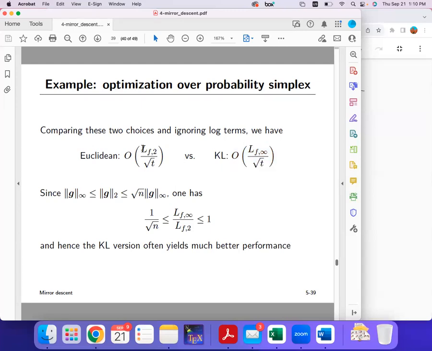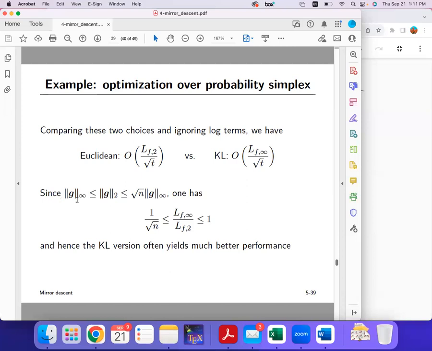So we just need to compare these two constant terms and see if there is a significant difference. And in fact, the L2 norm and L infinity norm can be very different in scale.